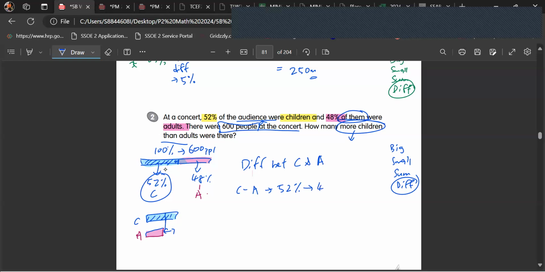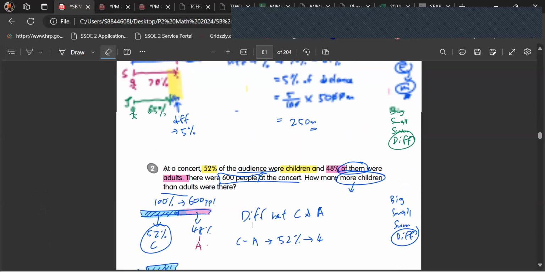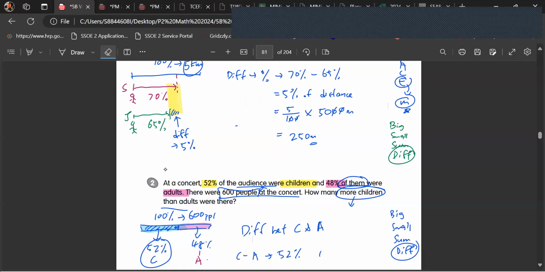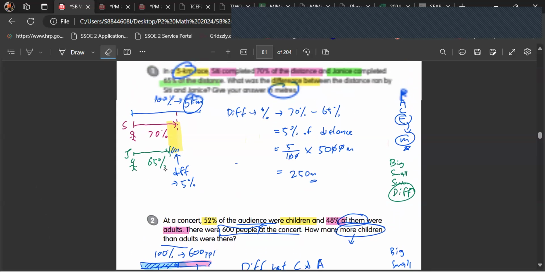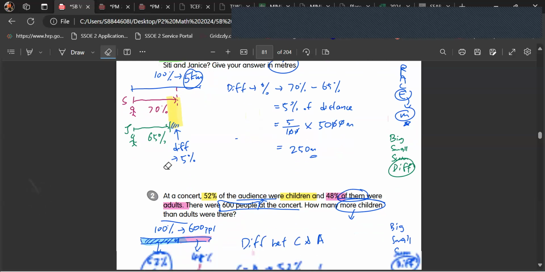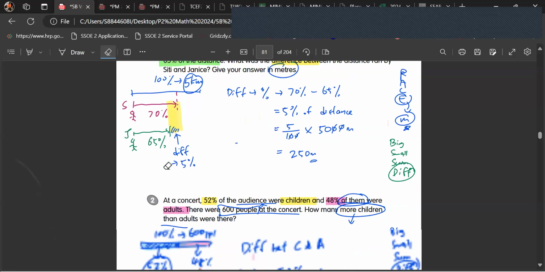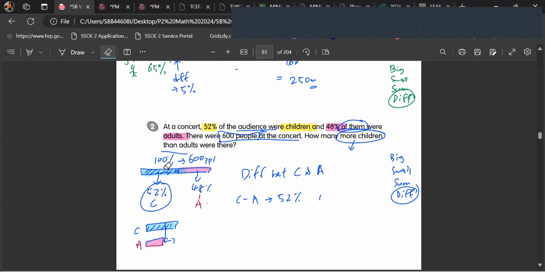Actually, it's the same set as the previous one. You are looking for the difference between the two of them. So Sarah is now children, the longer one, and Janice is now the adults.